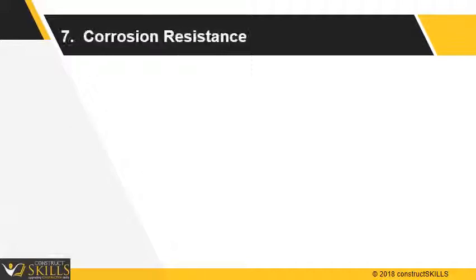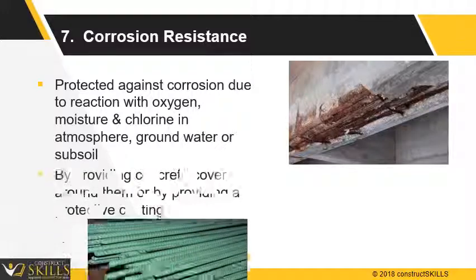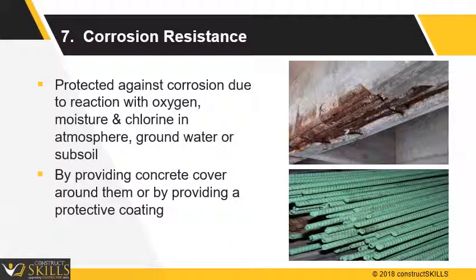Corrosion resistance. Steel has to be protected against corrosion due to reaction with oxygen, moisture, and chlorine in the atmosphere or groundwater. It can be protected by providing adequate cover or by providing a protective coating on rebar surface.